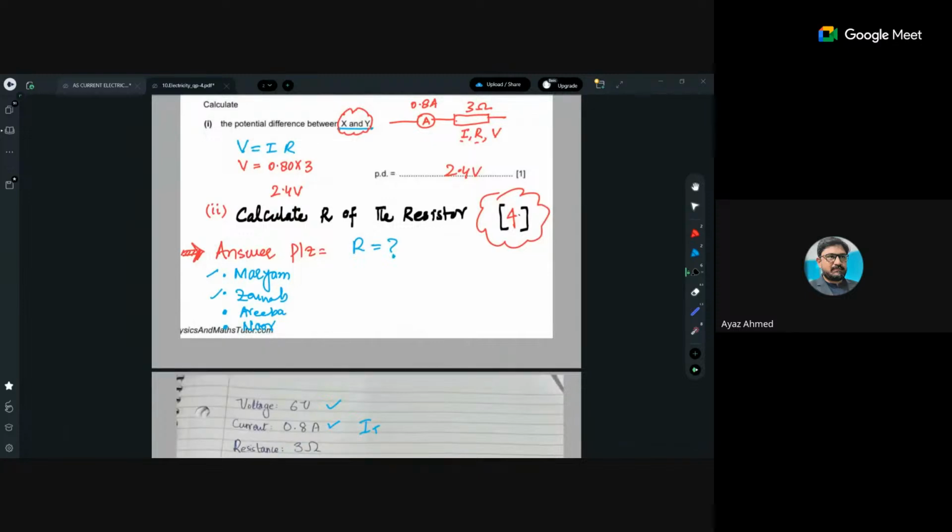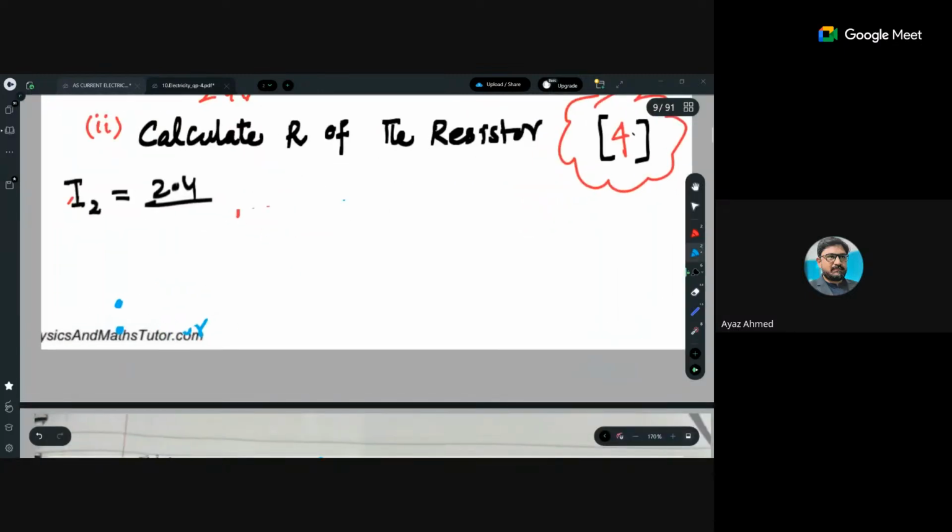Now, I'm just going to erase the record and calculate it again. So first of all, how will you score 4 marks? You will calculate I2, which equals 2.4 divided by 2.0.